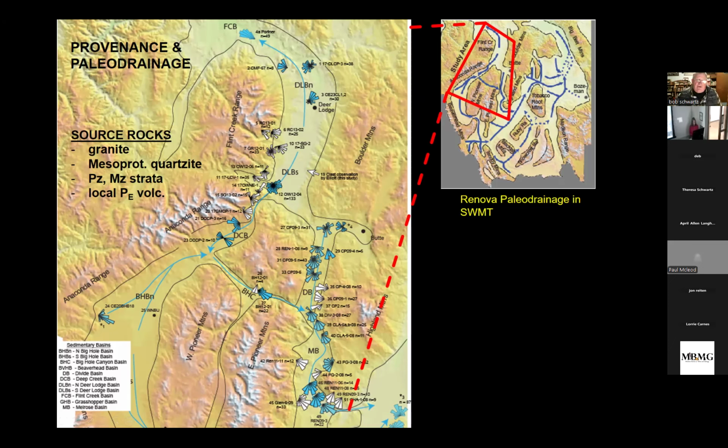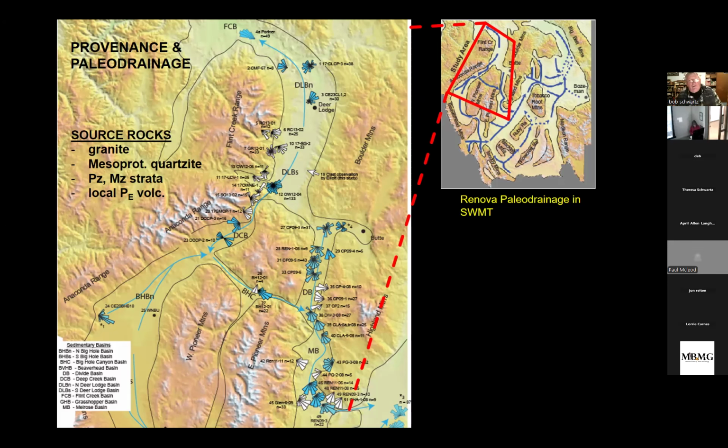So the scenario is one of axial drainage. I'm referring to this as the headwaters of the ancestral Missouri River system, headwaters of the ancestral Columbia River system, and in all cases, the basins are flanked by basin margin deposits indicating convergent transport into the basin.